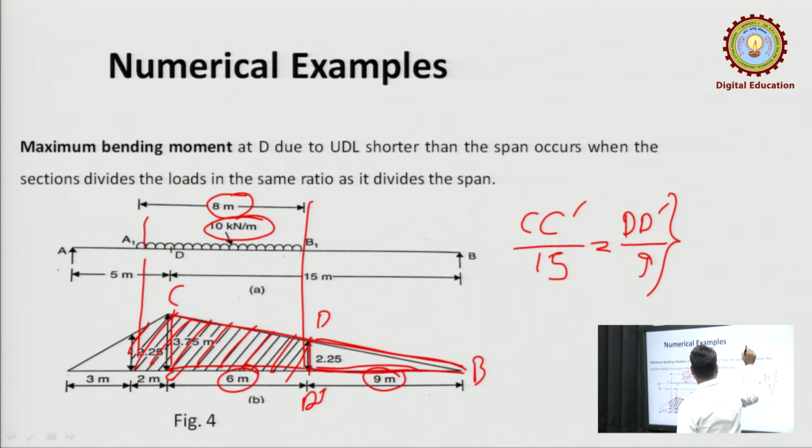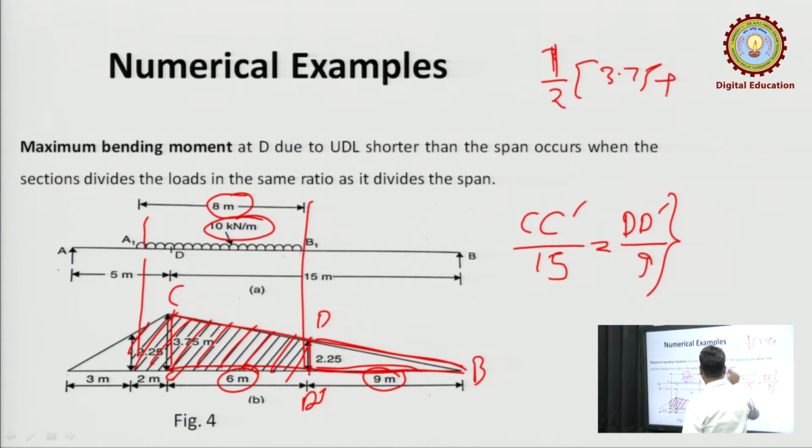The area comes from 1 by 2 times the highest ordinate 3.75 plus the smallest ordinate 2.25. This is your area under the ordinate.